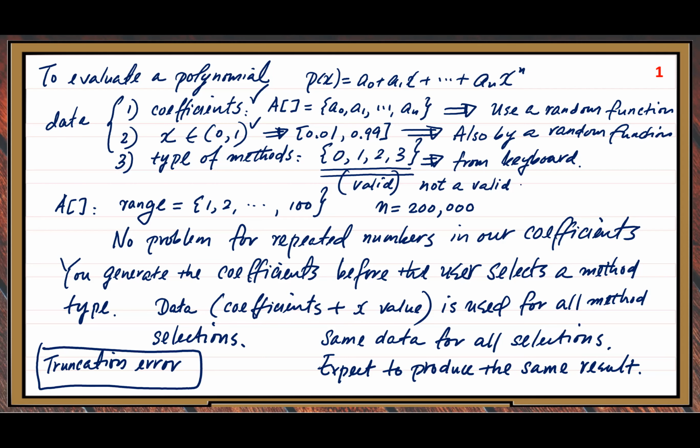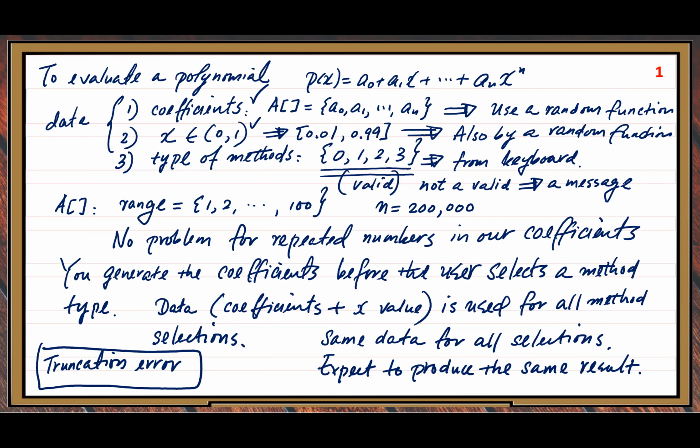For a number that is not valid, you can output a message telling the user you need to select one of the 4 numbers. You have freedom. In my description, I didn't cover this point of detail, so you just base it on your natural understanding and make it complete.